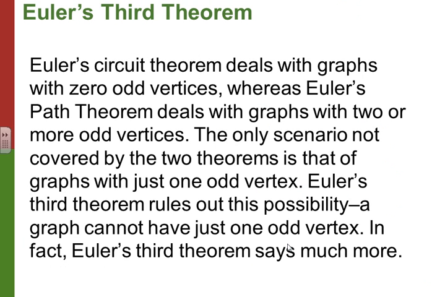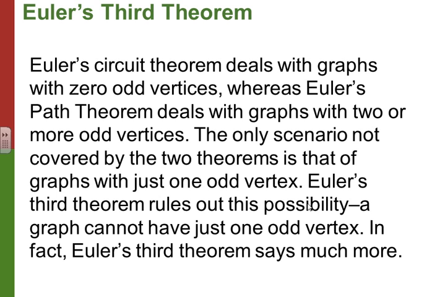The third Euler theorem deals with a graph with 0 odd vertices, whereas Euler's path theorem deals with a graph with 2 or more odd vertices. The only scenario not covered by the two theorems is that of a graph with just 1 odd vertex.